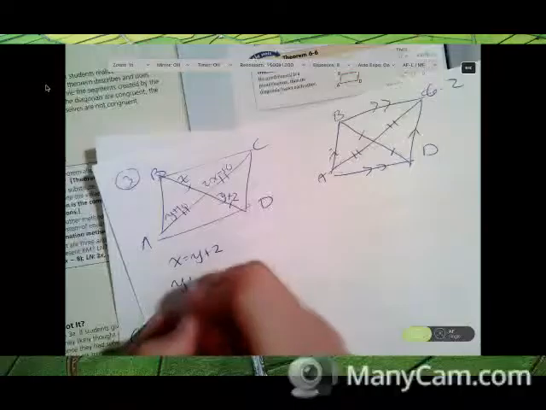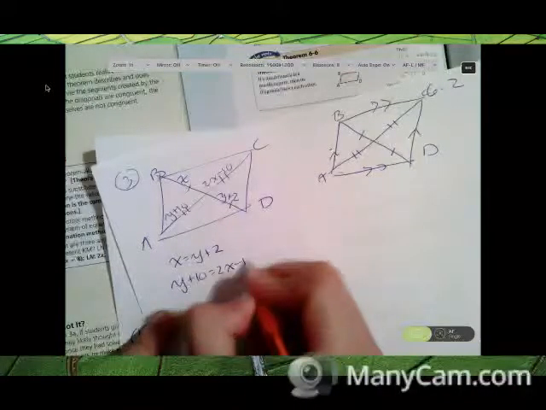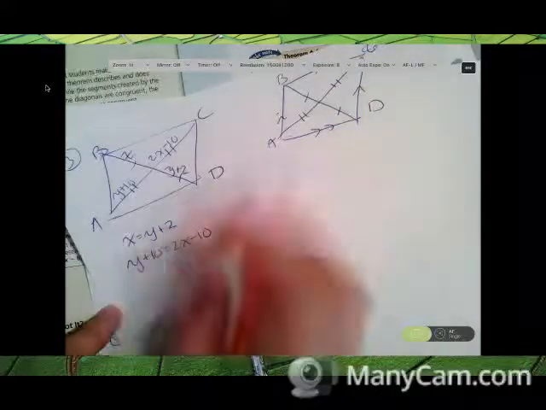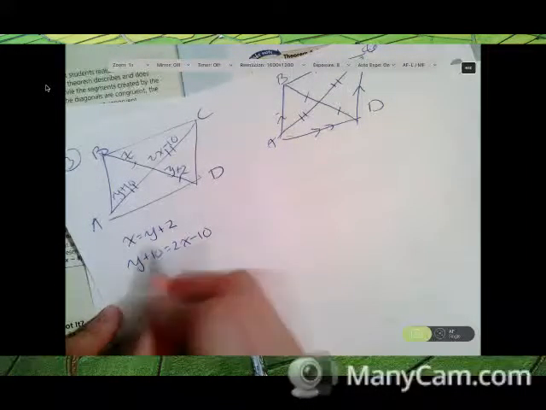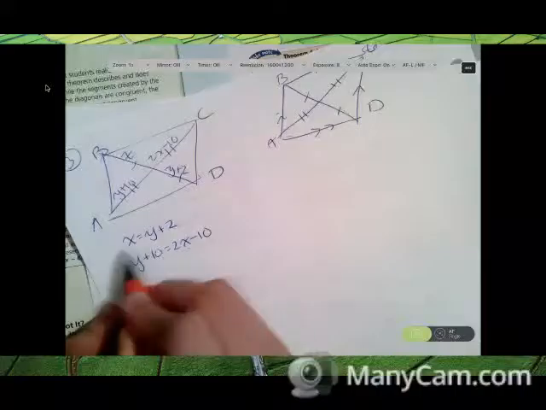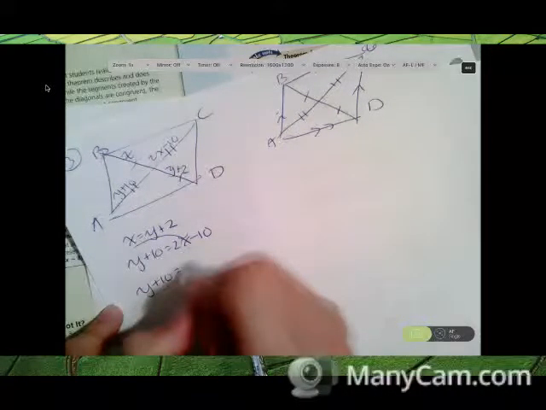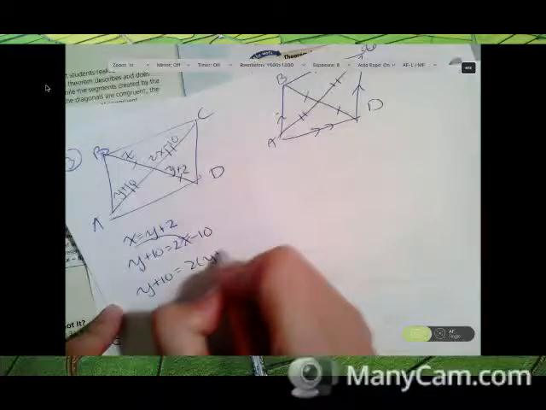So y plus 10 is going to equal 2x minus 10 because of the theorem, a system of equations. I'm going to plug in x here. So I'm going to have y plus 10 equals 2 times the quantity y plus 2, minus 10.